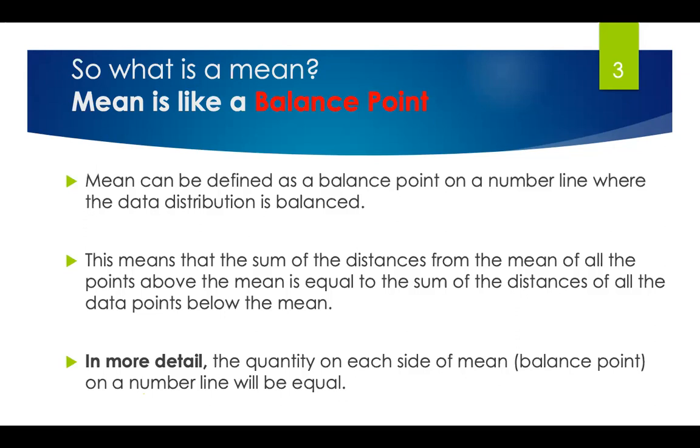So keep that in mind. I have a number line. The mean is the balance or the middle. Whatever comes below the mean should be the same as whatever comes above the mean, okay?